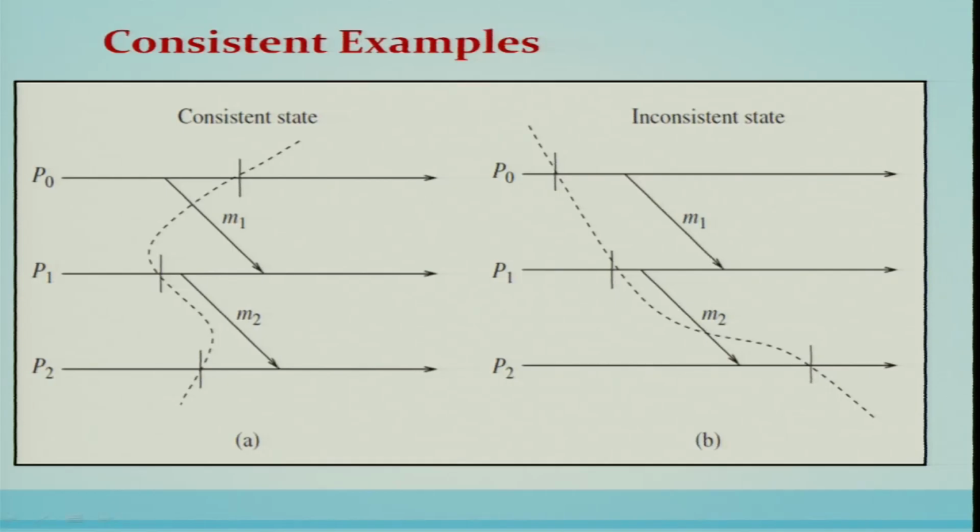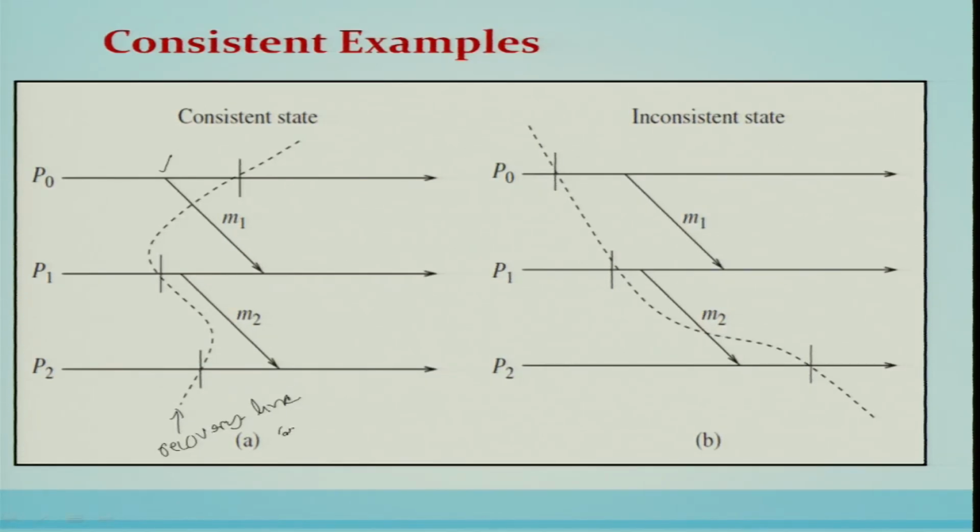Here we can see that this particular recovery line, shown as the dotted line, is forming consistent checkpoints and is also a consistent state. In this consistent state, you see that this message's send is recorded, but its receive is not recorded, and there is no message whose receipt is recorded but send is not recorded.